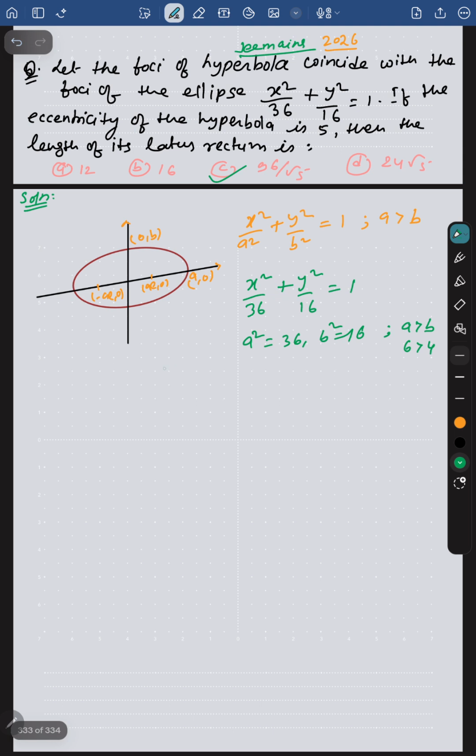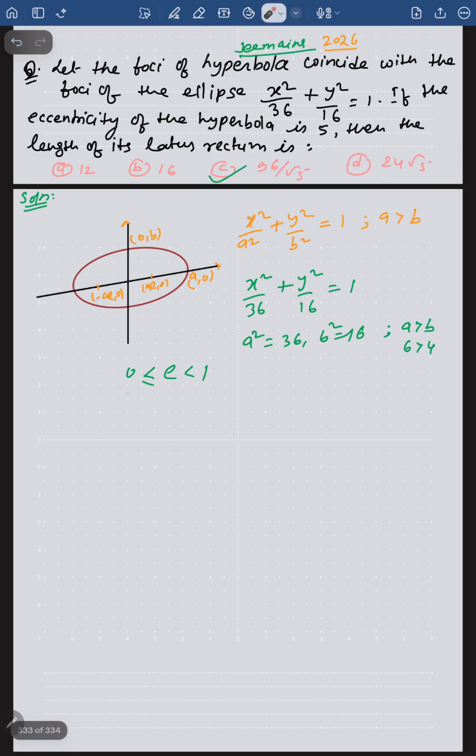Also for an ellipse you know that eccentricity is greater than or equal to 0 and less than 1. It is the ratio of the distance of any point on the ellipse from the focus to the distance of the same point from the directrix, and this lies between 0 and 1.